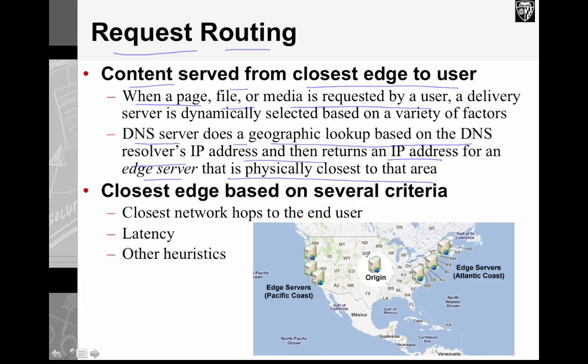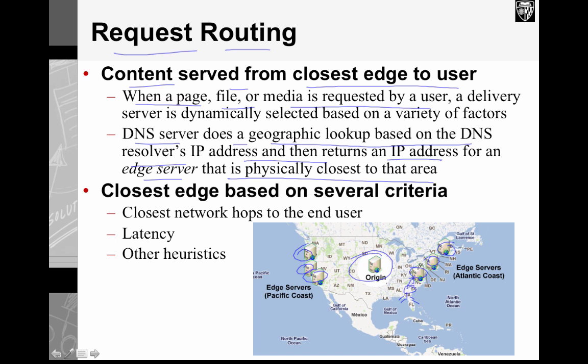In this example, I have the origin in the Midwest, and then I have 3 edge servers in the East Coast and 3 edge servers in the West Coast. If I have a user, let's say, in South Carolina, when he or she tries to access a URL, they will communicate with a DNS server which will route them to an edge server that's closest to them.